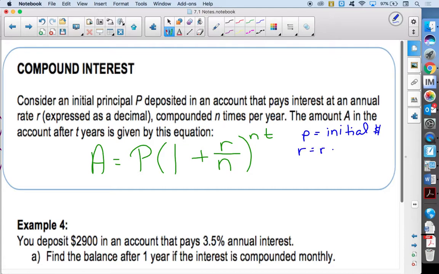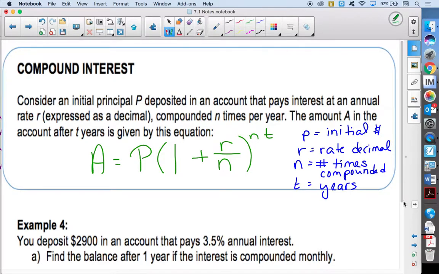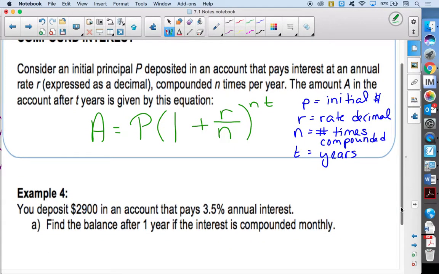R is our rate as a decimal. N would be the number of times it's compounded, and it'll tell you. And then the time in this case is going to be in years. You'll be given all of the information. A is the amount after that amount of time, so your final amount, the end amount that you have, that's what A represents.